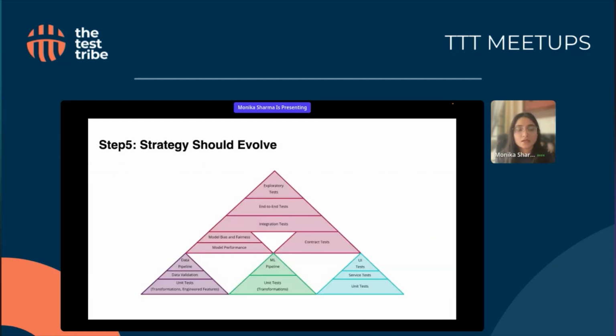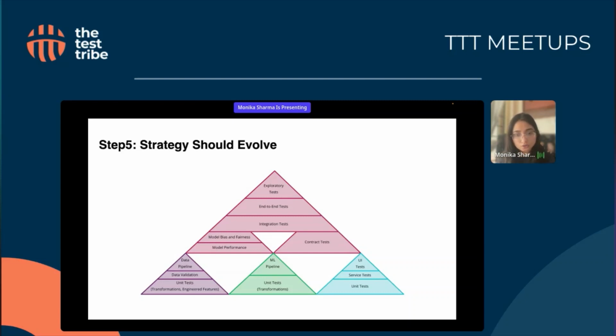Now we again have this misconception that once we have decided on the test strategy, that is fixed. Ideally, the test strategy should evolve as and when we add a component. For example, if a chatbot supports AI/ML, or there are certain models introduced in that, ideally my test strategy should not be just testing the integration test or end-to-end test, or exploratory or the UI test.